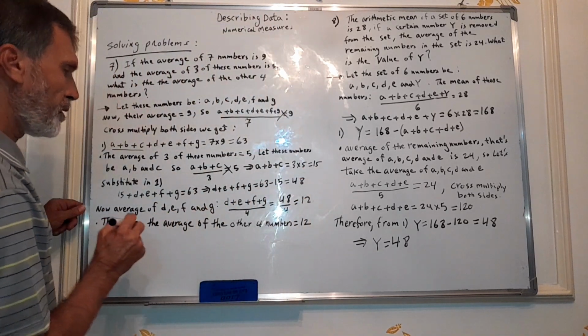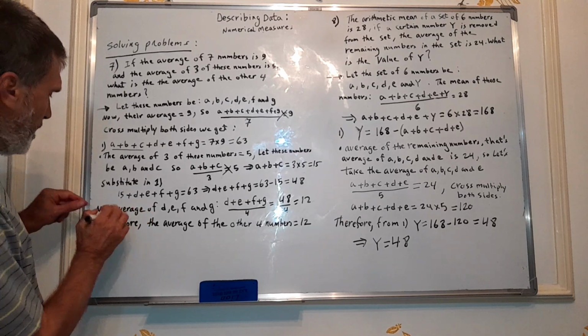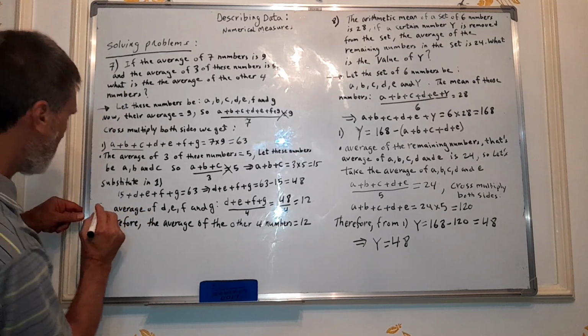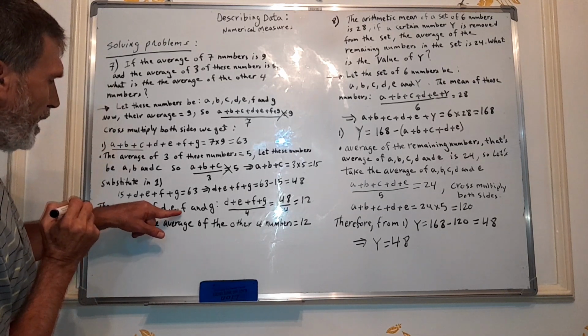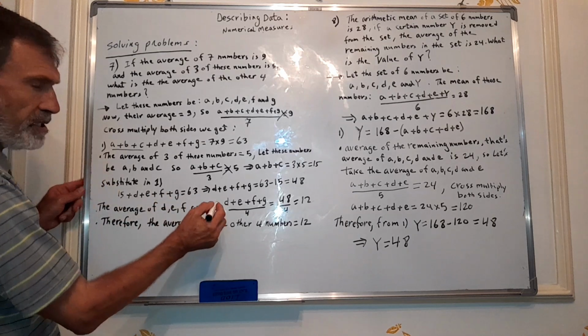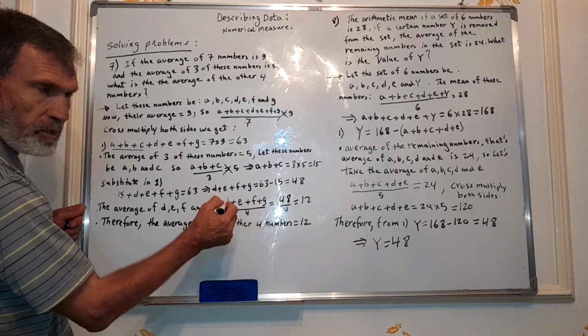Now, so now the average of D, E, F, and G is this. I just sum them and divide by 4 because I have 4 numbers.